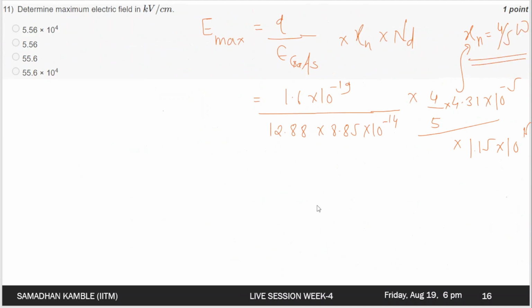Okay, so this is just a simple calculation. We can get the value of maximum electric field as 5.57 times 10 to the power 4 volt per centimeter, and we need to find it in kilovolt, so we will just multiply it by 10 to the power minus 3, so we'll get it as 55.7 kilovolt per centimeter.